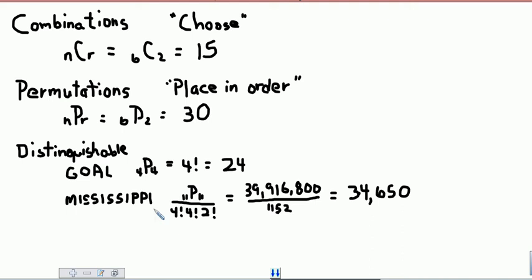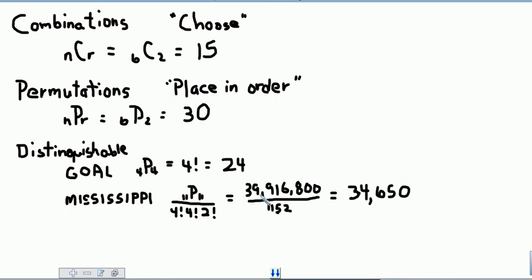Well, but here's the problem. Mississippi. How many distinguishable permutations does it make? Which means I've got to be able to tell them apart. And if I just switch these 2 S's, I can't tell them apart. They're not distinguishable. So if I've got duplicates in a problem like this, I would first of all do, there are 11 letters in Mississippi, so 11, place in order 11 at a time.